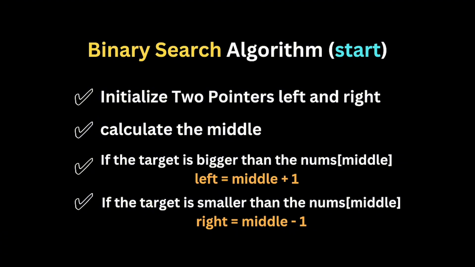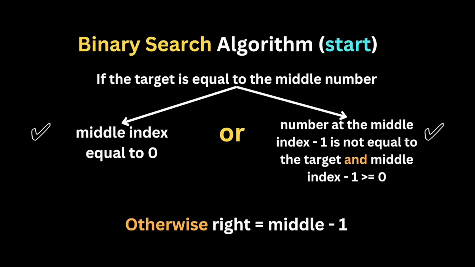After that, we check if the target is bigger than the current middle number. If true, we set left to be the next number after the middle index. Otherwise, if the target is smaller than the current middle number, we set right to be the middle index minus 1. The last condition is that if the middle number is equal to the target, we return the middle index.